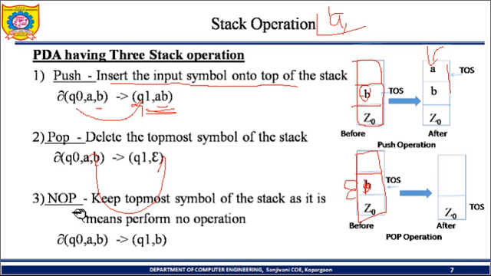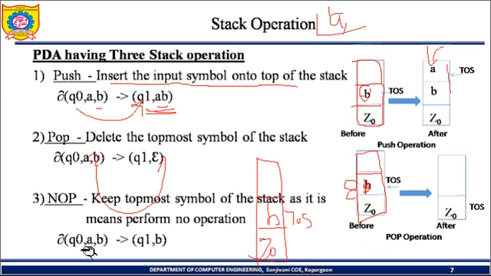Here this indicates that we have to keep the topmost symbol of the stack as it is, so we perform no operation on the stack. Initially the stack is like this: Z0 is the initial stack symbol and B is the topmost symbol, which is TOS, the topmost stack symbol.